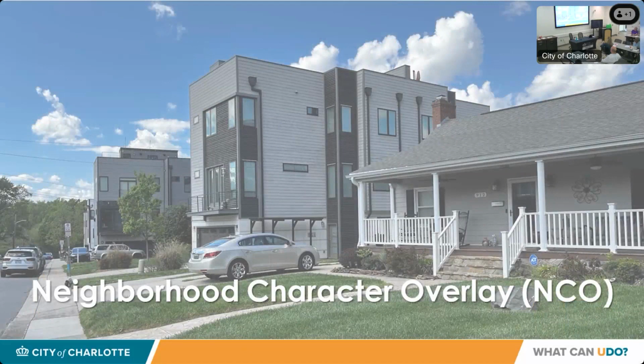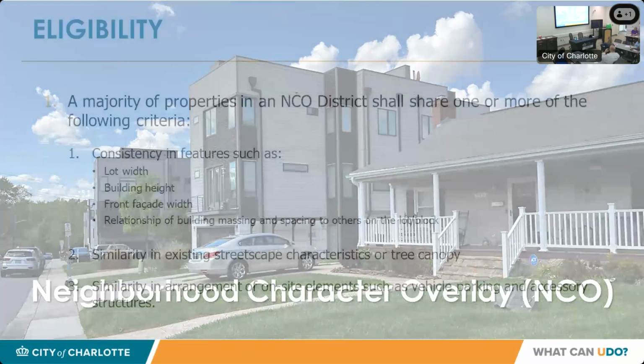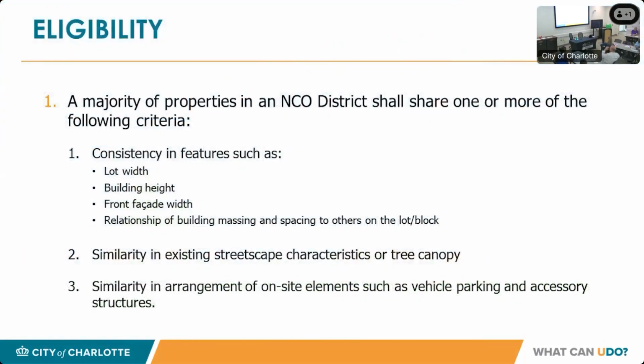Let's talk about the neighborhood character overlay for a better understanding of how and why it can be used. Maybe it will be a right fit for your neighborhood. First, the neighborhood character overlay, or NCO, is for areas that were developed at least 25 years ago that have a consistent development pattern and key design features.